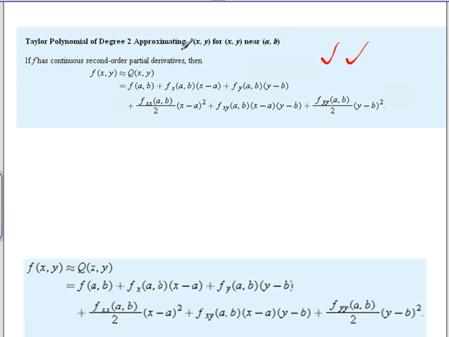The difference between this and what we looked at, however, is that this equation for our second order Taylor polynomial is no longer around the point 0, 0, but now we're talking about being centered at the point a, b. So now we have a, b, x minus a, y minus b, x minus a squared, y minus b squared. So we have to center our Taylor polynomial around the point in which we're concerned.